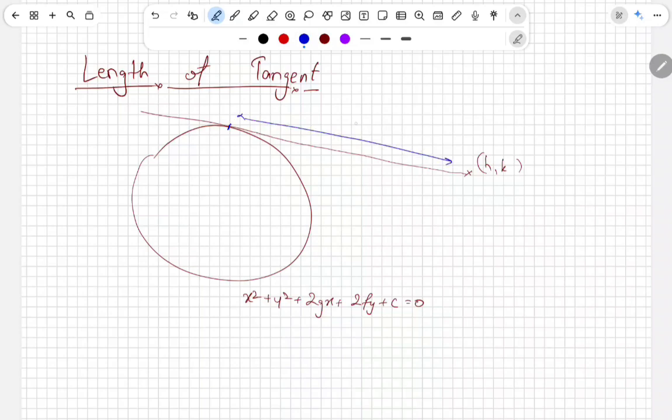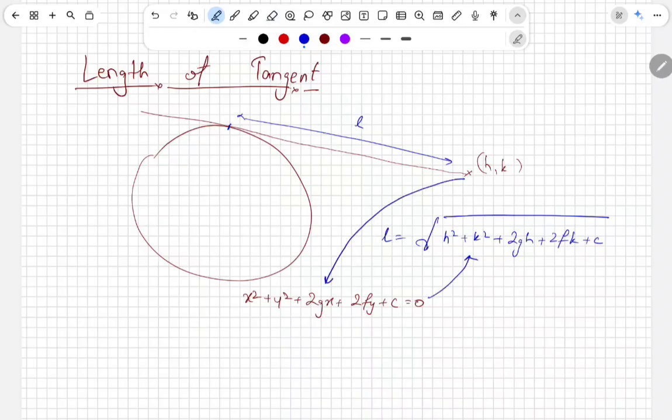The simple formula is to write under root, then put this point in the equation. So I will get √(h² + k² + 2gh + 2fk + c). The point was substituted in the equation and kept inside the root. By doing that, we got the length of the tangent from a point to the circle.